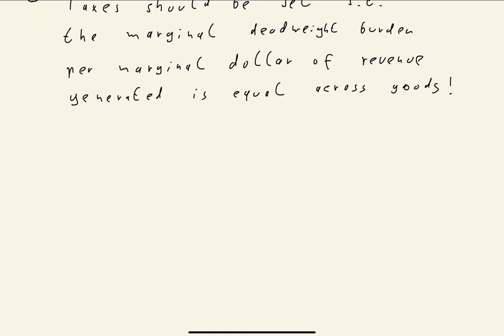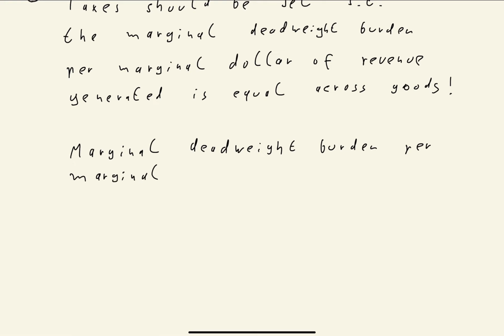Marginal deadweight burden per marginal dollar of revenue. Let's do it for the goods that we have. Apples.